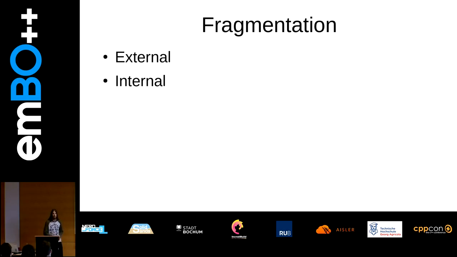So that is fragmentation caused by allocations themselves. And then there's also internal fragmentation, which is fragmentation caused by the allocator itself. That will be in segmented allocators, where the allocator itself adds extra space behind elements to fulfill some property of the allocator itself.